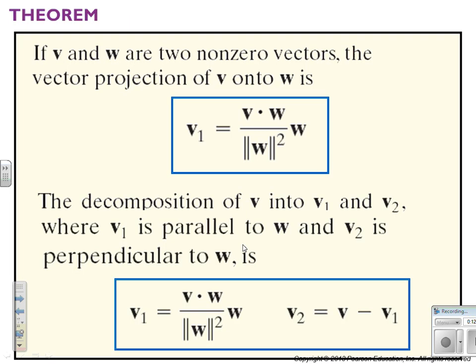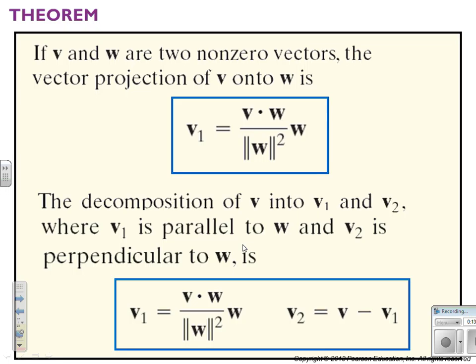All right, so if v and w are two non-zero vectors, the vector projection of v onto w is v1 equals the dot product of v and w divided by the magnitude of w squared times w.